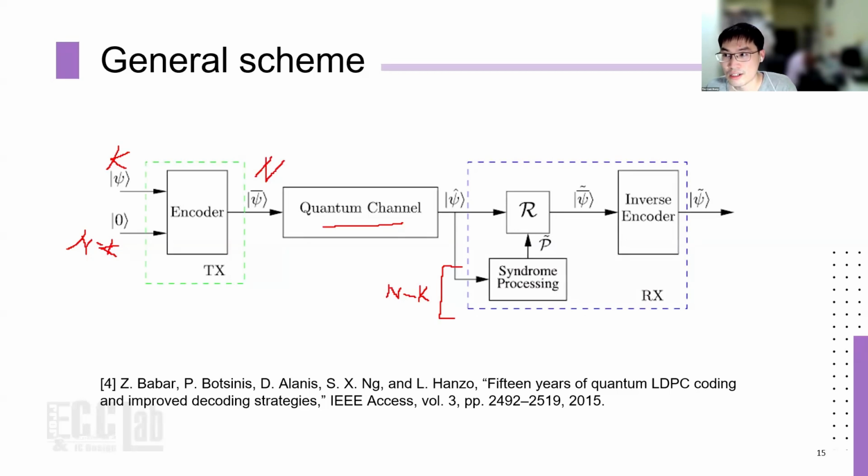Then measuring those ancillary qubits, we obtain the syndrome. Then the syndrome will feed into the classical decoder to obtain a possible error candidate. Then we recover the original state by the possible error candidate.